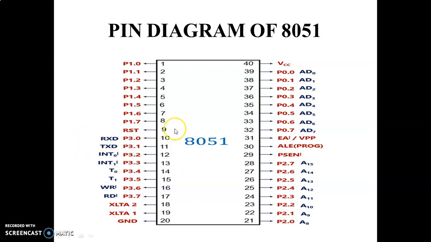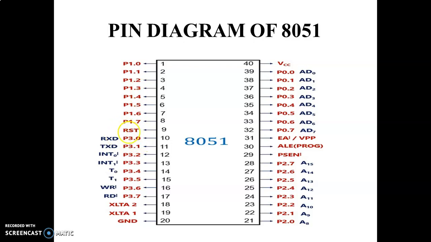Then pin 9 is the reset pin, which is used to reset the microcontroller values to their initial values. Then pins 10 to 17 are known as port 3 pins, and this port serves some functions like interrupt, control signals, timer input and serial communication and so on.